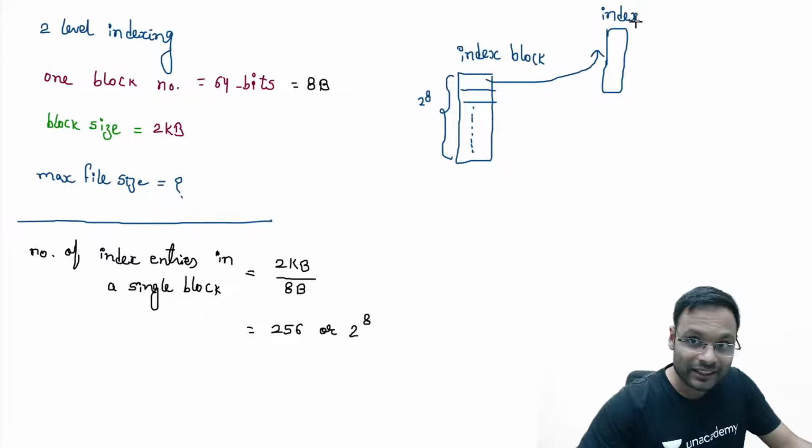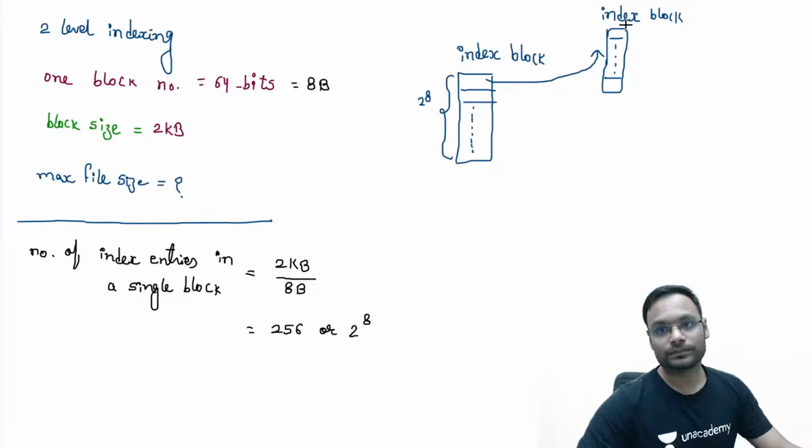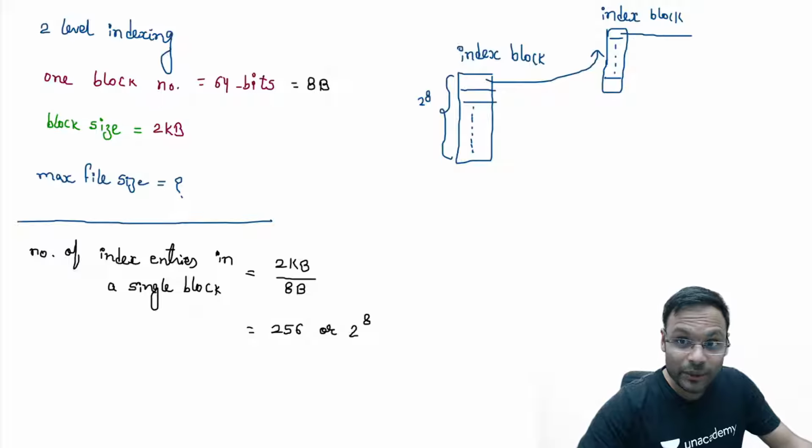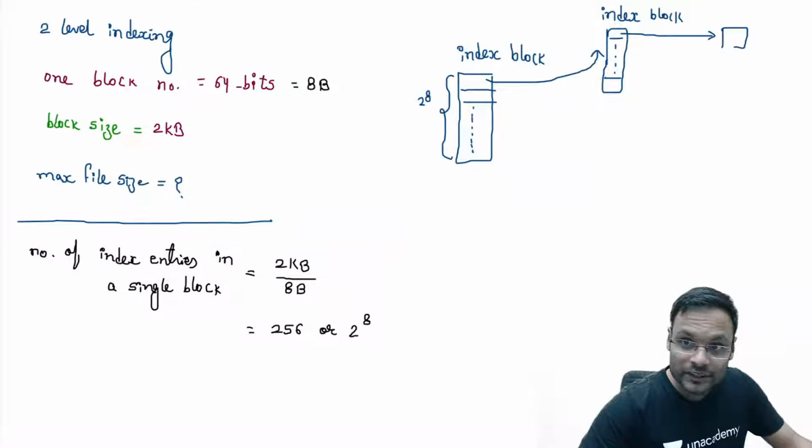It is not having the file, but it is having another index block. And that index block can keep how many such entries? 2 power 8 entries more. And each entry will be of a block. That block is storing the file of 2 kilobyte.